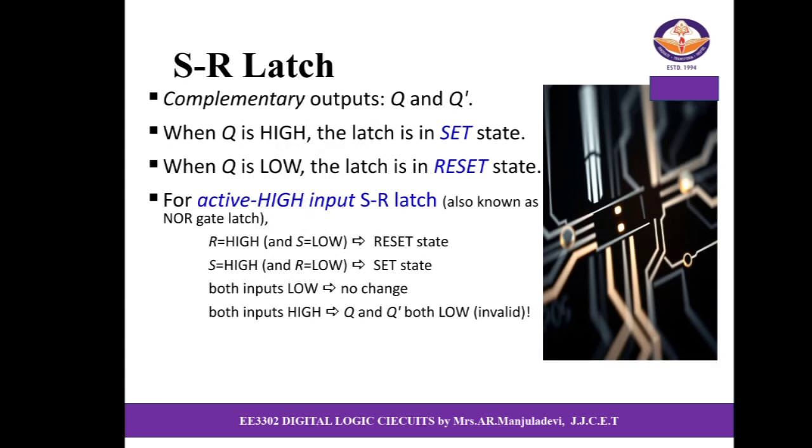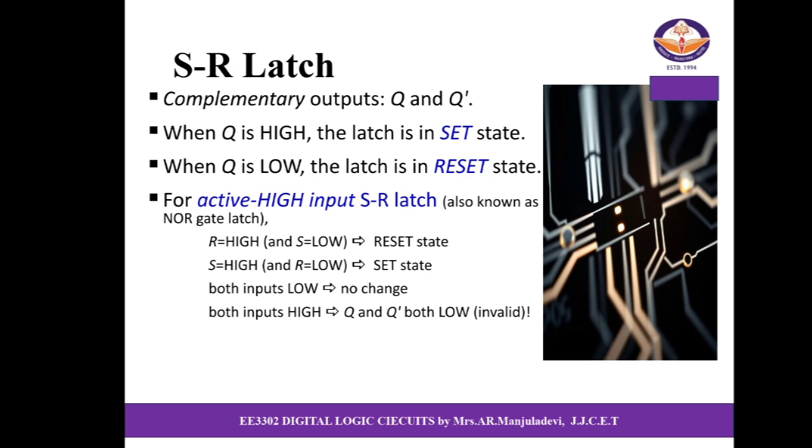Now we are going to see about the SR latch. In the SR latch, the complementary outputs are Q and Q dash. When Q is high, the latch is in set state. When Q is low, the latch is in reset state. The active high input SR latch is also known as the NOR gate latch.